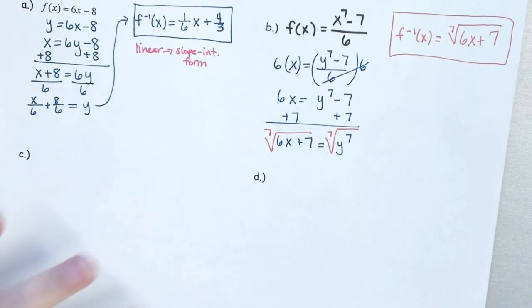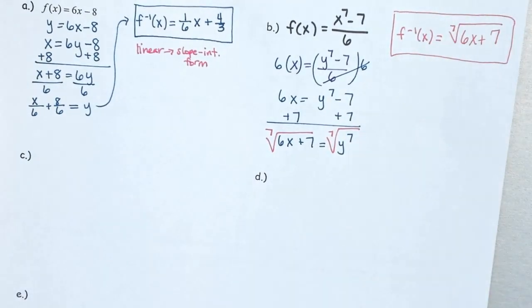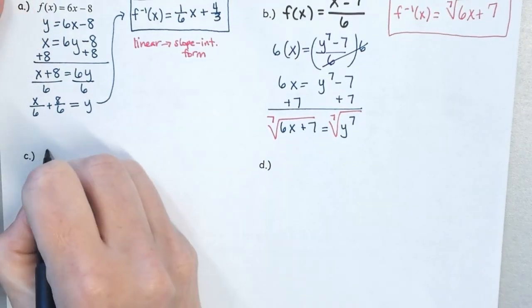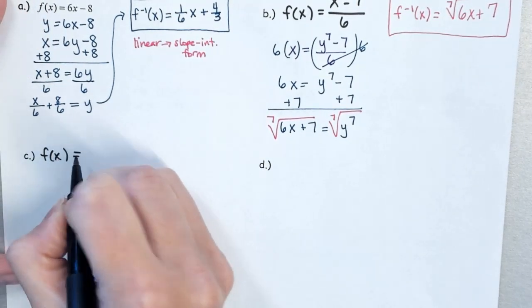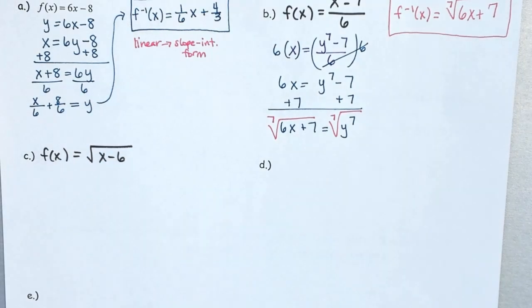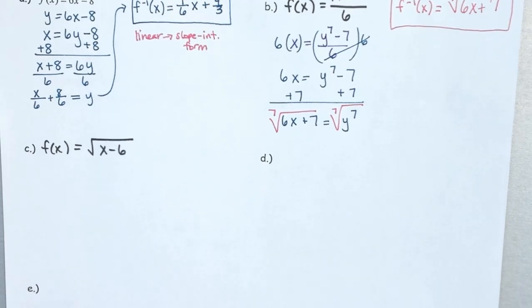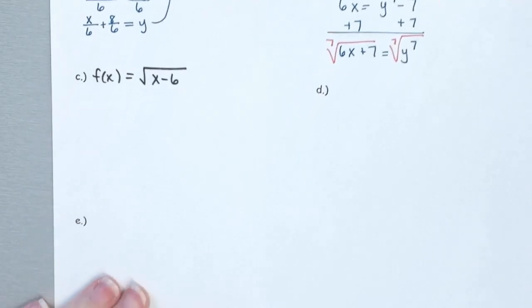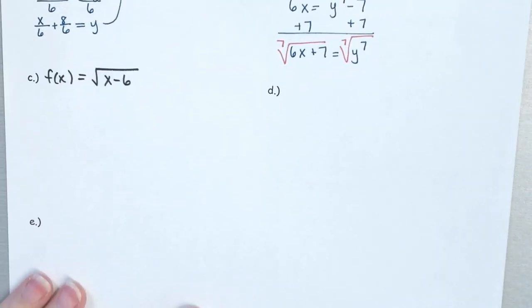All right, nice job. Okay, for C, we're going to have f of x equals the square root of x minus 6. Okay, so why don't you do your first couple steps there? And I'll have you guys help me.